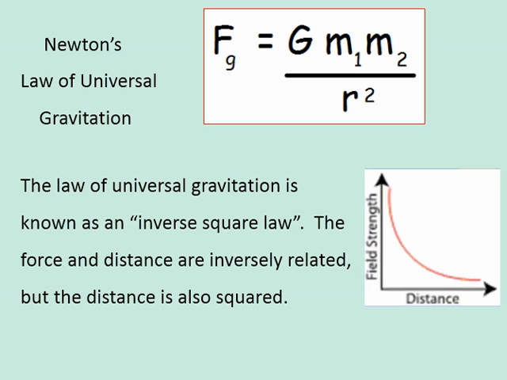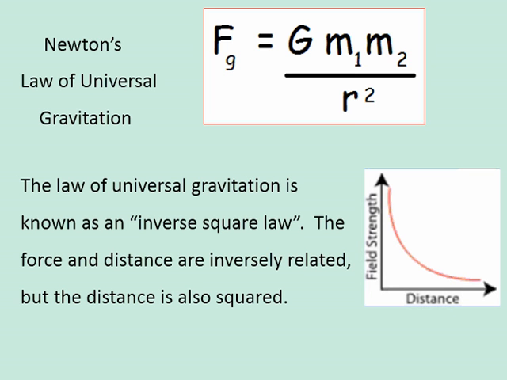And the universal law of gravitation is known as an inverse square law. We all know what an inverse relationship is. As one factor goes up, the other factor goes down. So in this case, as the distance between objects increases, the size of the force between the objects goes down. A little bit different in this one is it's an inverse square, which means there's a square along with the distance in the bottom.